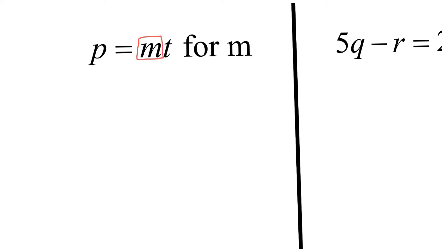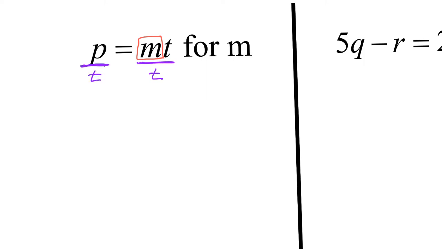So we have to understand what's happening in the equation. We have p equals m times t. These two variables are multiplying, and to get rid of the t next to the m, we need to do the opposite of multiplication, which is division. So I am going to divide this by t, and I'm going to divide this over here by t.